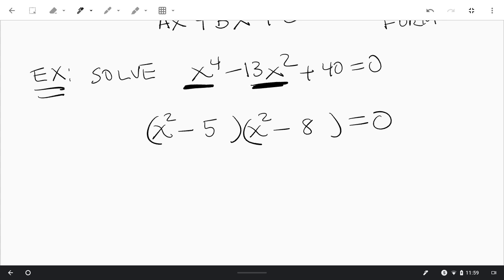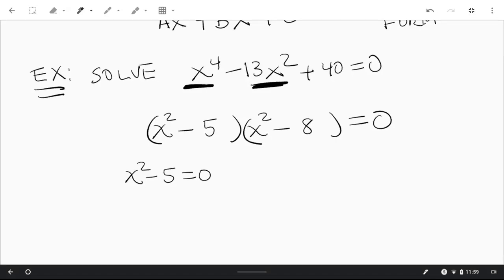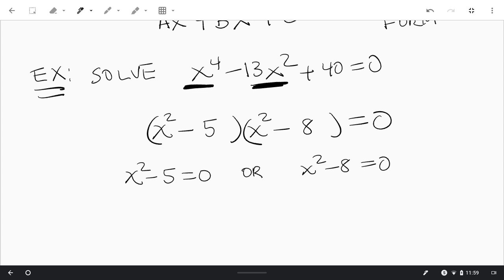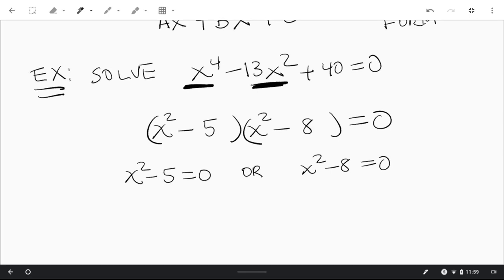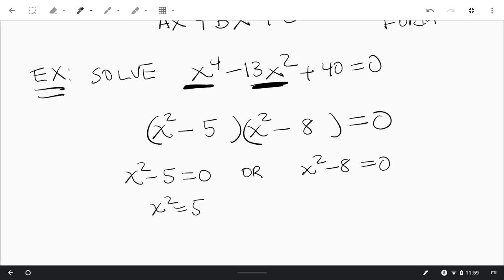Okay? All right, and then we use the zero property rule. Something times something equals 0, so one of these factors must be 0. So let's take each factor and set it equal to 0. Okay, add 5 to both sides. Take the square root.